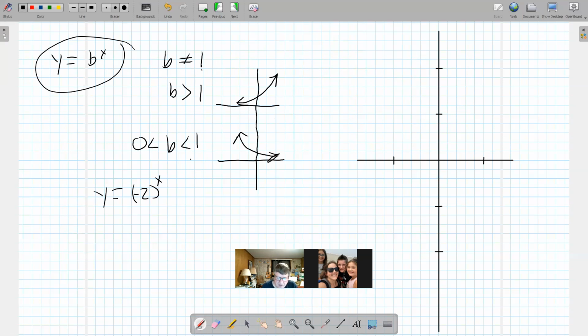If that base is between 0 and 1, it's going to decrease. If it's greater than 1, it's going to increase. All of that information is on page 926 of the hardcover book. I'm not sure what page that would be if you have the loose leaf copy. Anyway, any questions about that before we go on?